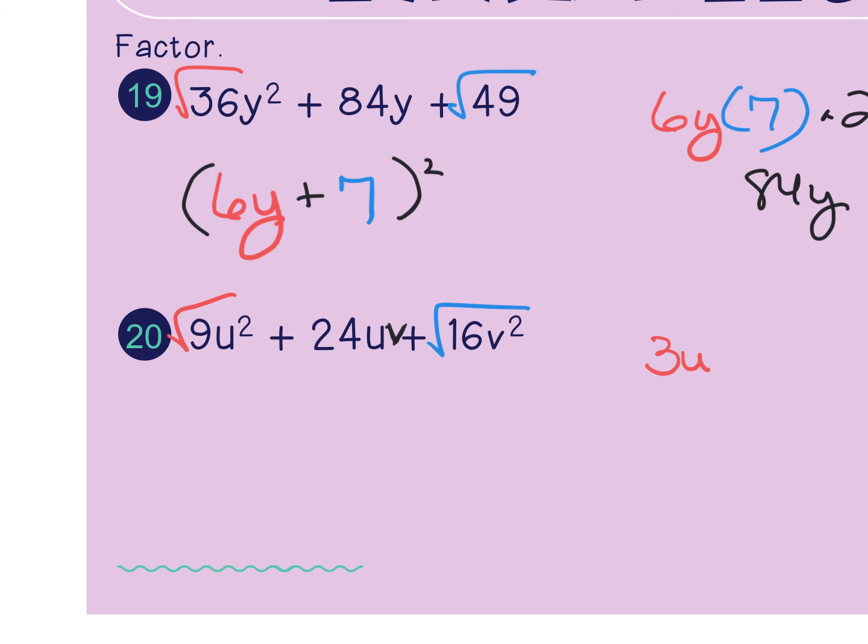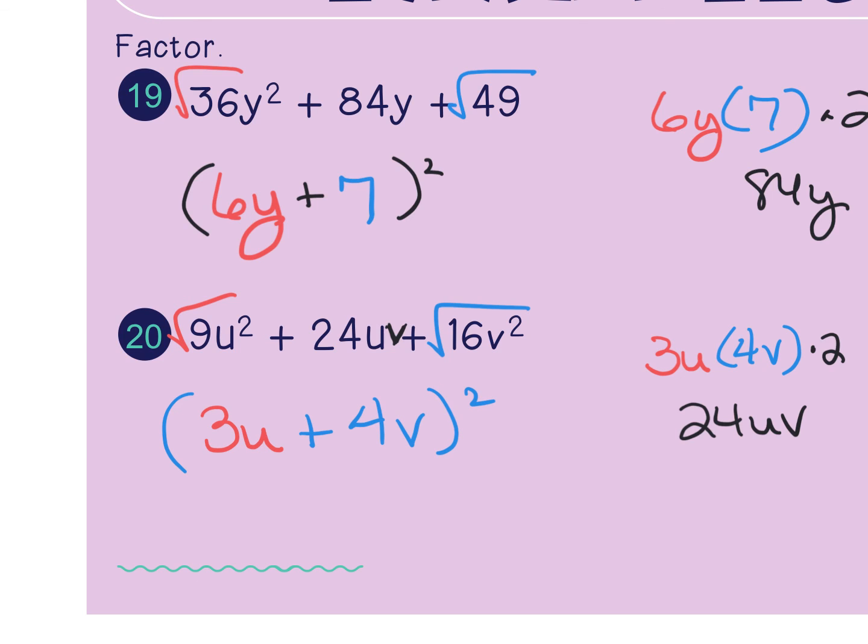Square root of 16v squared is 4v. Double it, and I get 24uv, which is the middle. So I can do the trick. So go ahead and same sign in the middle, and I get 3u plus 4v, and it's a binomial squared. And I'm done.